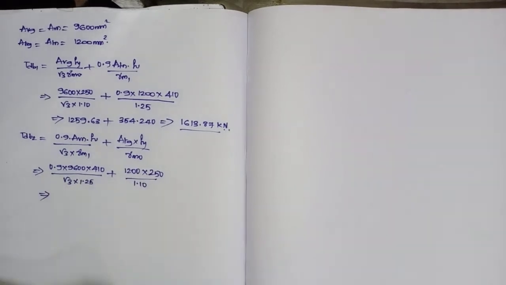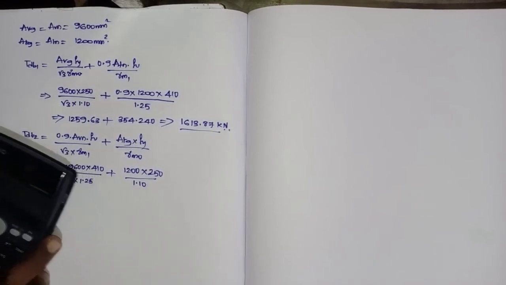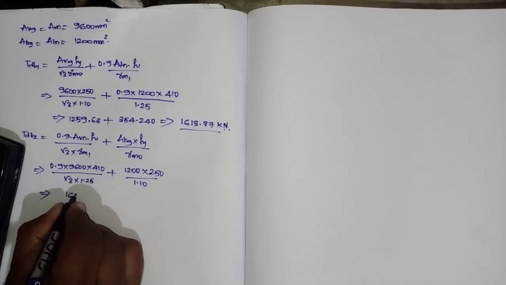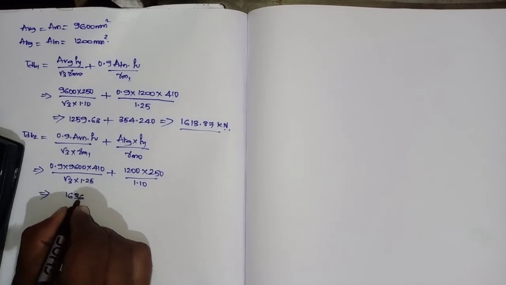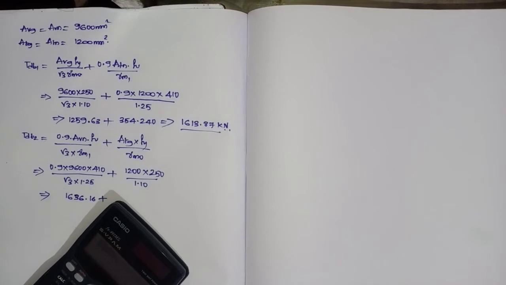If I solve this one, 0.9 into 9600 into 410 divided by root of 3 into 1.25. So how much it is? 1636.16 kilonewtons plus 1200 into 250 divided by 1.10.